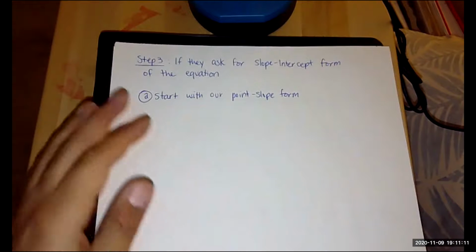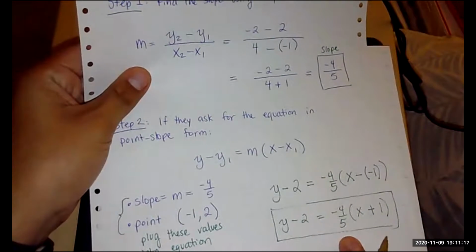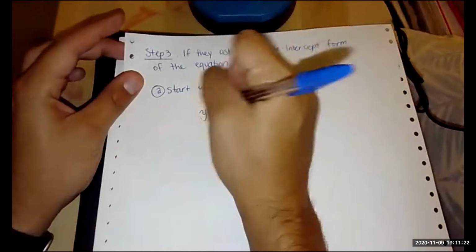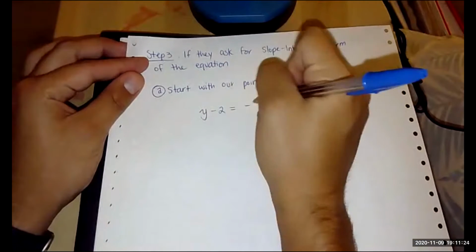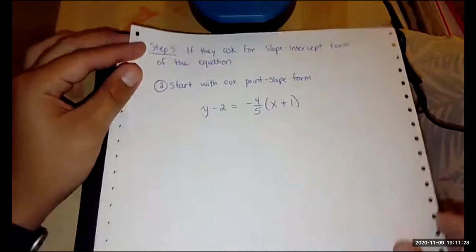And point slope form we just found to be, let's see, y minus 2 equals -4/5 times x plus 1.